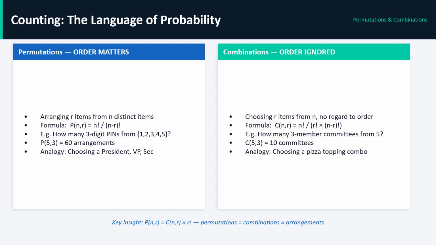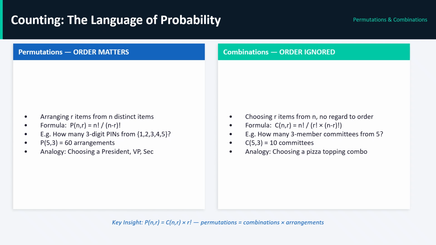That is choosing r items from n, and there is no regard to order. The formula for finding the combinations from n items, selecting r items, is equal to n factorial by r factorial into (n minus r) factorial.